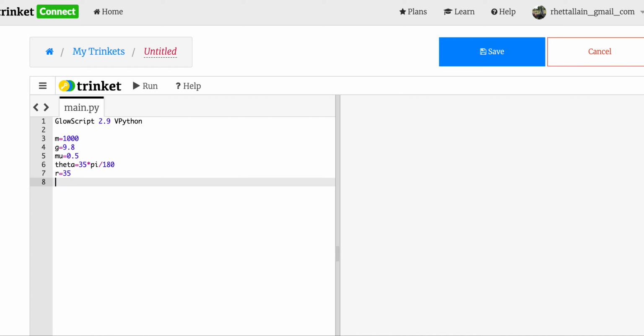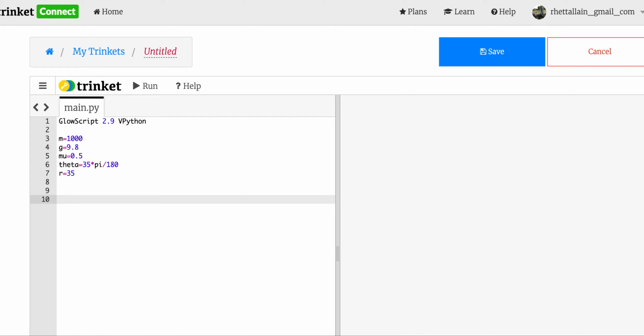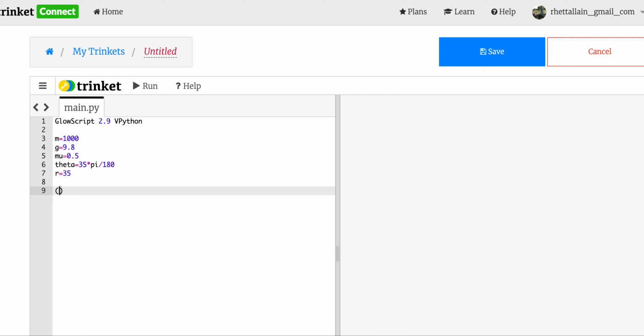Okay, I'm going to do it over again. Let's do sine theta plus mu times cosine theta. Then I had to multiply that by R and g. And then I needed to divide all of this by cosine theta minus mu times sine theta.